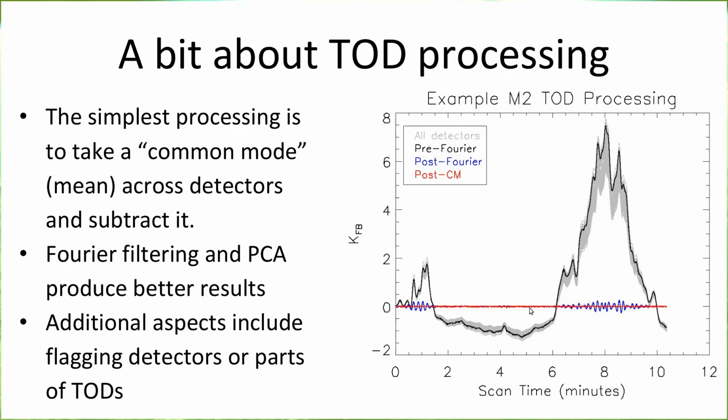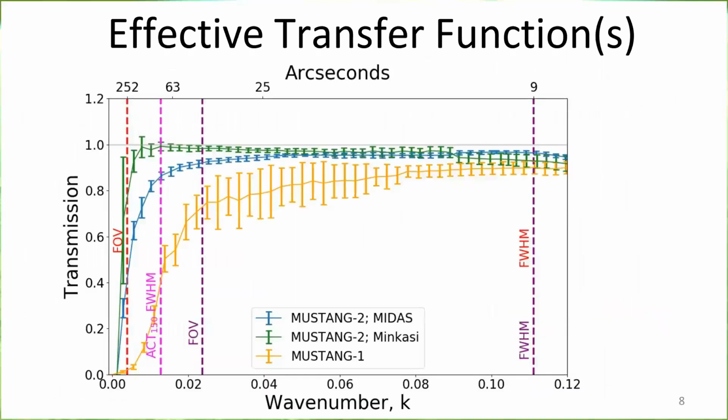It turns out, though, that by doing this, you are subtracting scales outside of your instantaneous field of view. Here's another way of perceiving this. If you like to think in wave number space, perhaps Fourier space, transfer functions, we quantify them for our data processing.